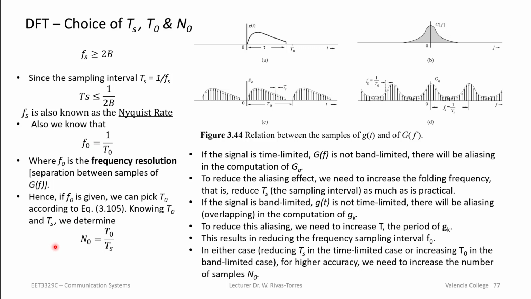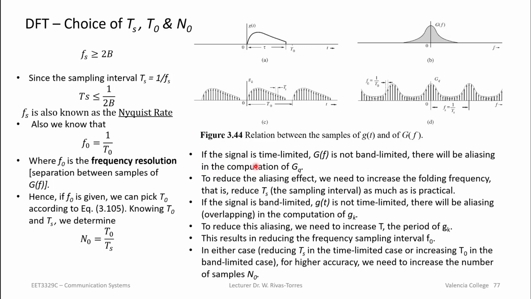So if you know your f of 0, your frequency resolution, you can always pick T of 0, and then knowing T of 0 and T of S always tells you what N of 0 is. So really for the DFT, the left-hand side of this slide is what's really critical and probably worth making yourself a note and keeping as a reference.